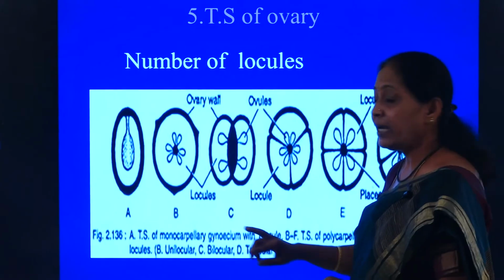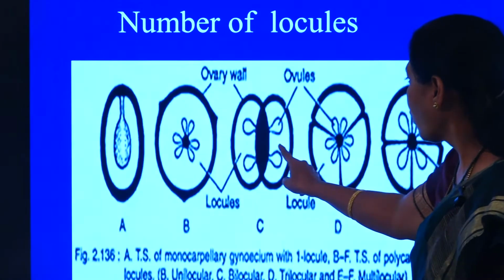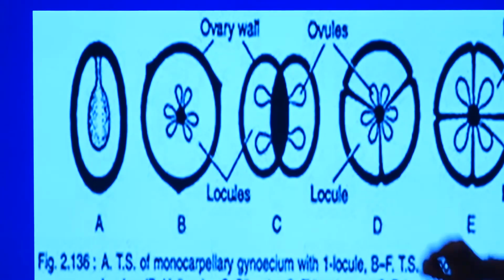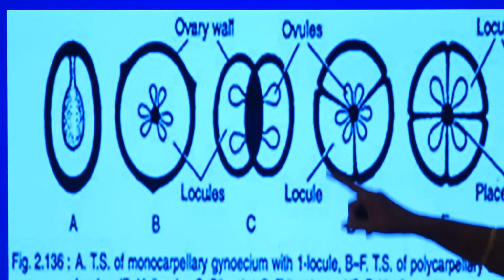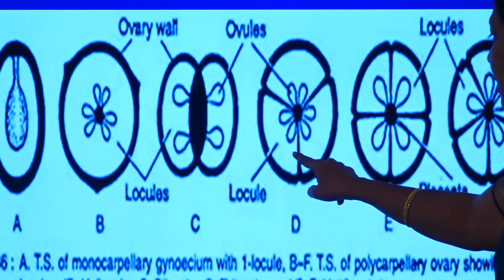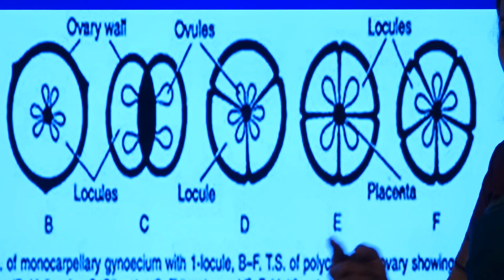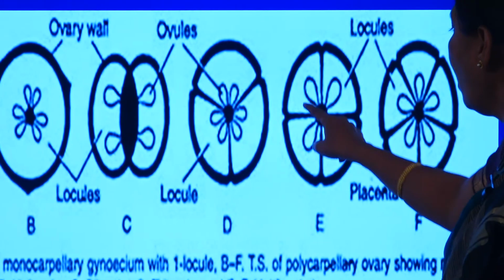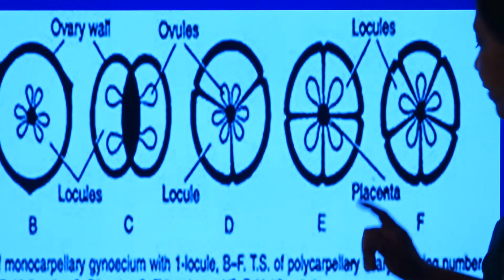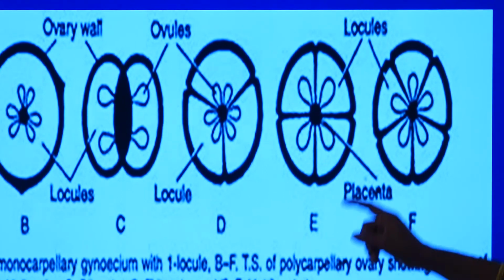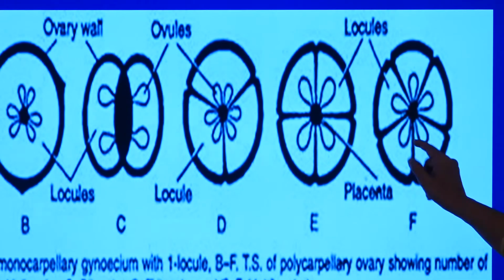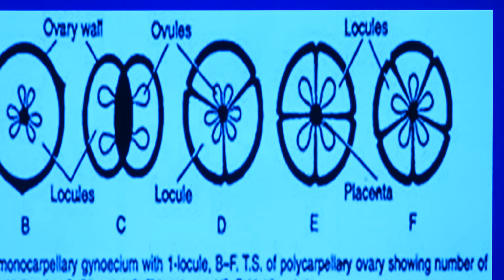If it is bicarpellary, there are 2 locules. If it is tricarpellary, it is trilocular. These are the locules, the compartments. If it is tetracarpellary, it is tetralocular. If it is pentacarpellary, the pentalocular condition is observed here.